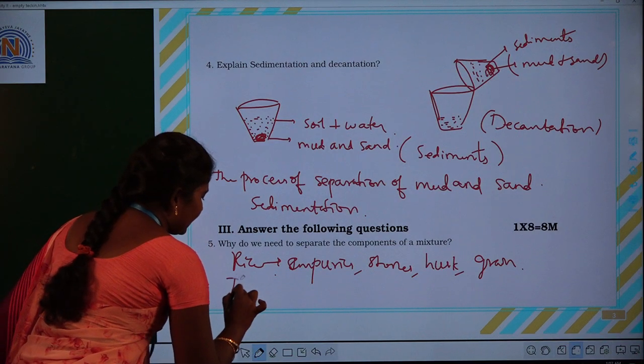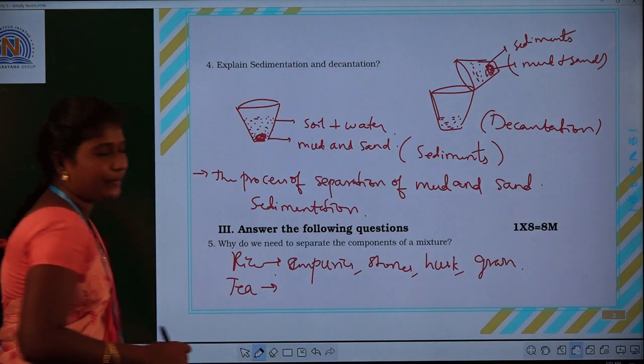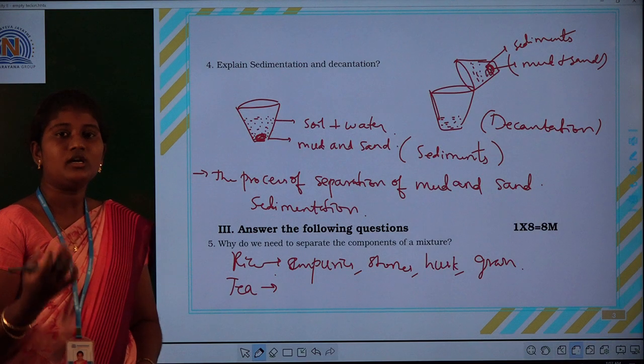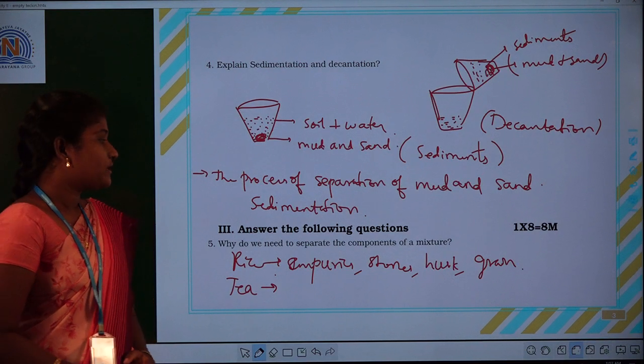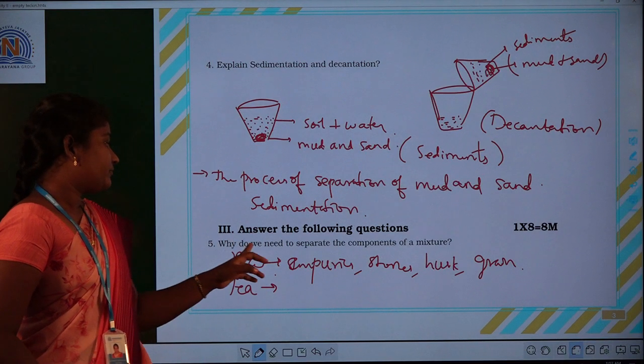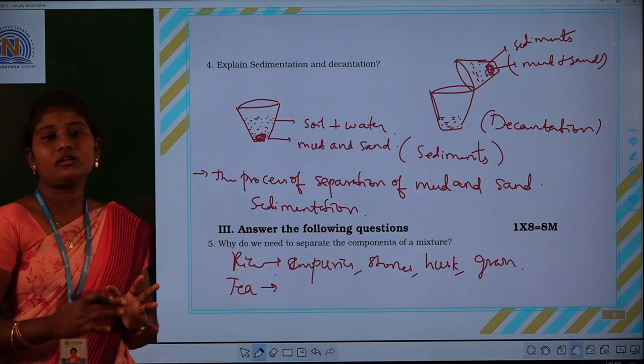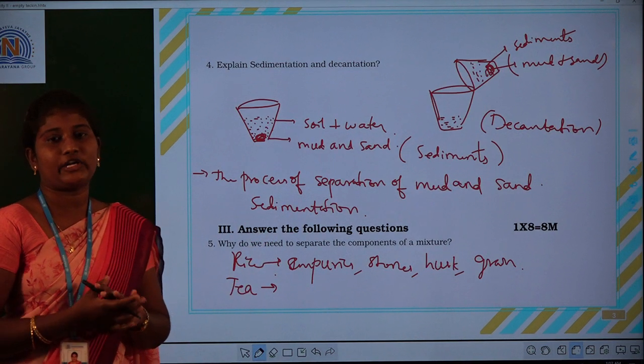Next, if you take tea, after preparing the tea you have to separate the tea leaves from the tea. So that is the reason we need a separation method for separating the unrequired components.